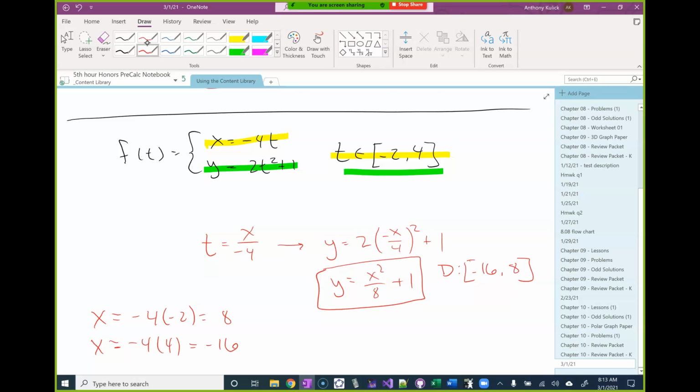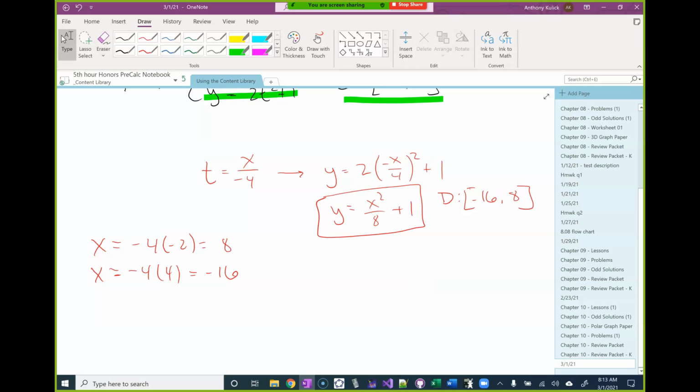How do we find the vertex for a quadratic? How about -b over 2a? And then f of -b over 2a. Do you guys remember that? Does it look familiar, though? It should at least look familiar, even if you didn't remember it.